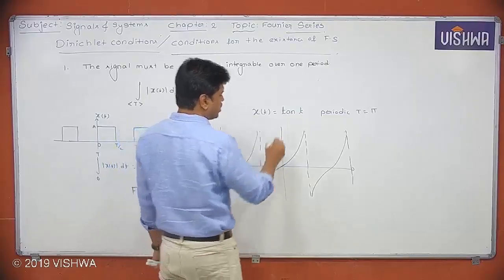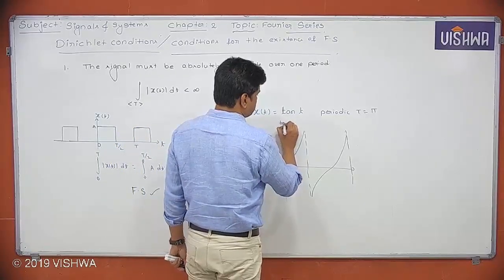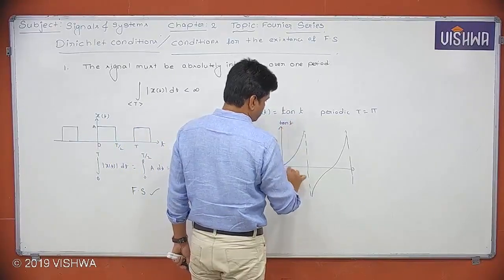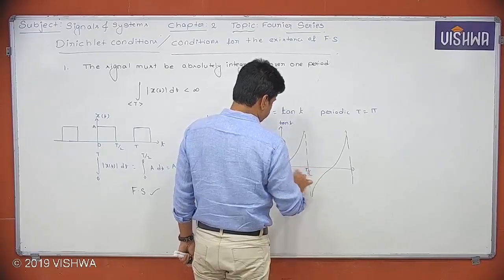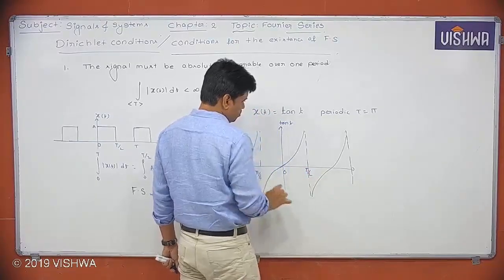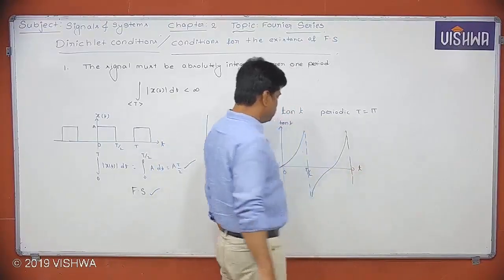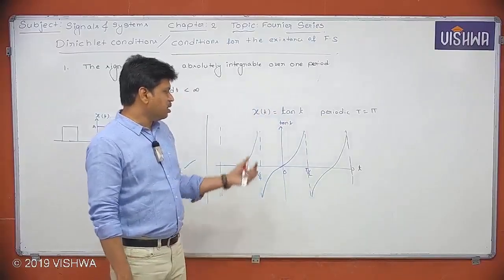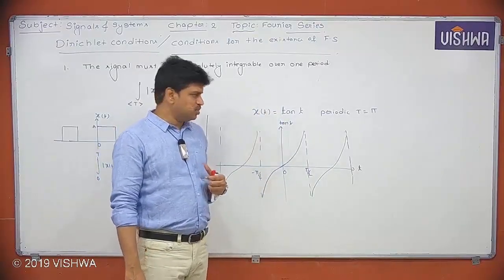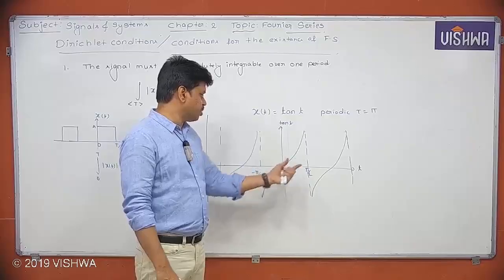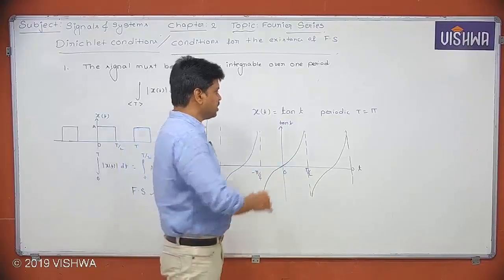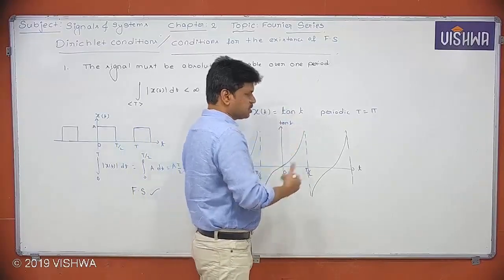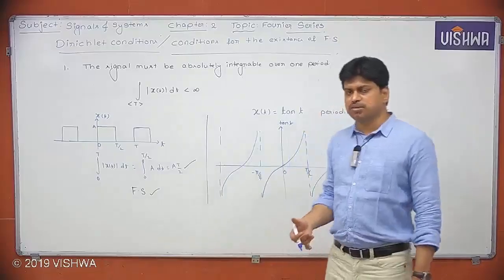This is the tan function, with 0, pi by 2, and minus pi by 2. So what is the area under the absolute value of tan t between minus pi by 2 and plus pi by 2? If you take a modulus, then the area under this curve will become infinite.